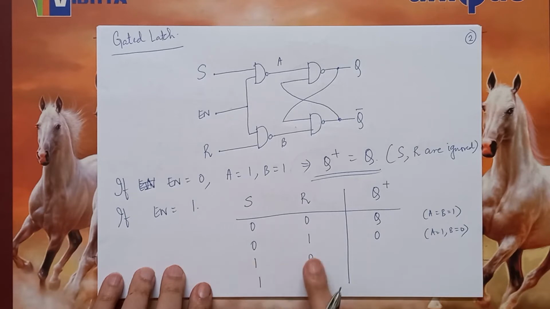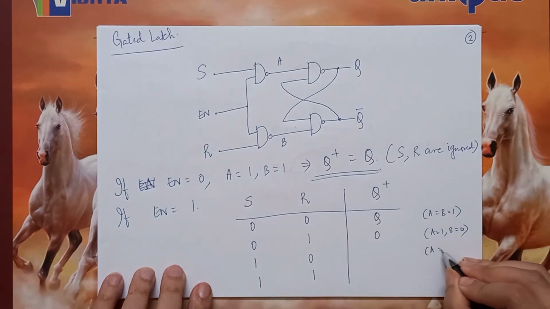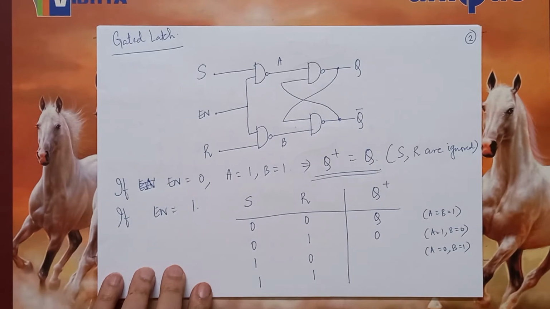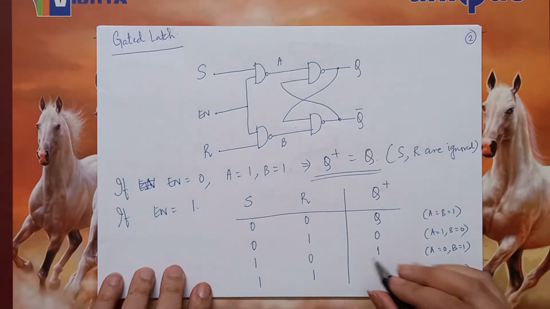When S is 1 and R is 0, A is 0, B is 1. In that case, we get the next state Q plus forcibly equal to 1. Now when S and R are both 1, A and B become both 0. So Q and Q bar both become 1, which is nothing but that forbidden state.